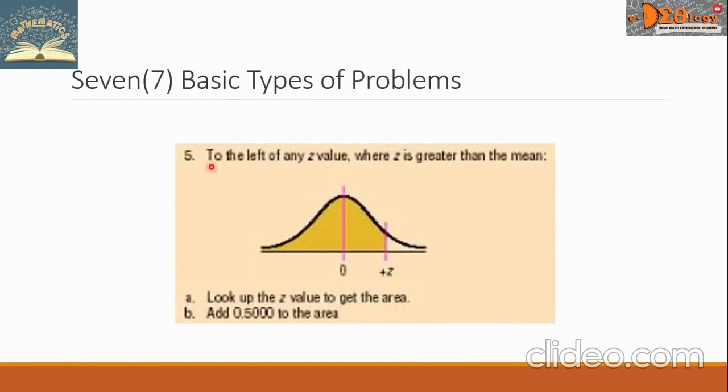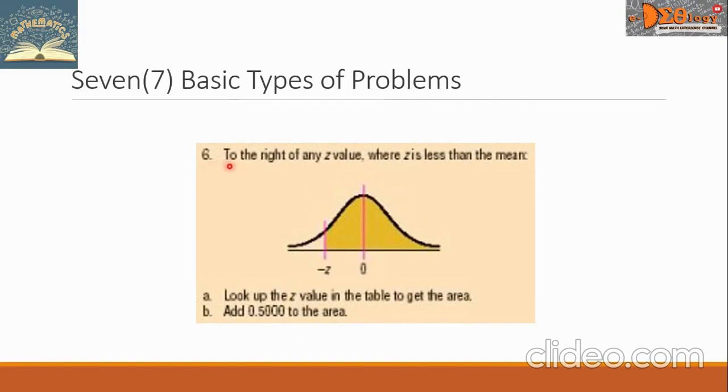Case 5, to the left of any z value where z is greater than the mean, as we can see here. We look up the z value to get the area, then add 0.5 to the area.